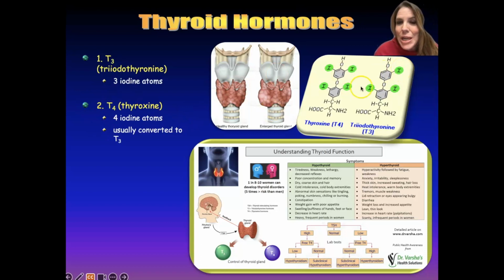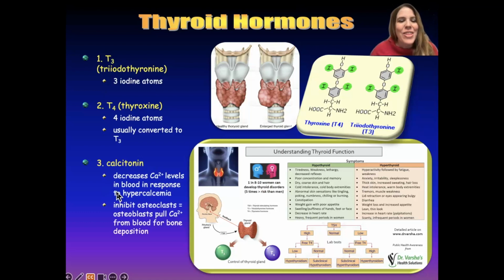T4, similar, except 1, 2, 3, 4 iodine atoms, and T4 is also called thyroxine. So T3, triiodothyronine, T4, thyroxine. Or you can just say T3 and T4. It's a lot easier.